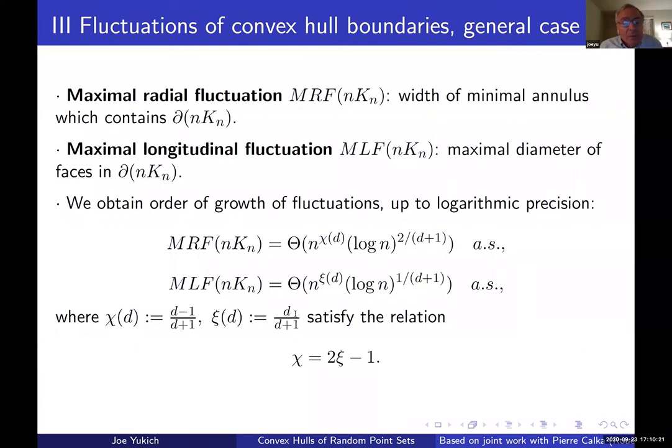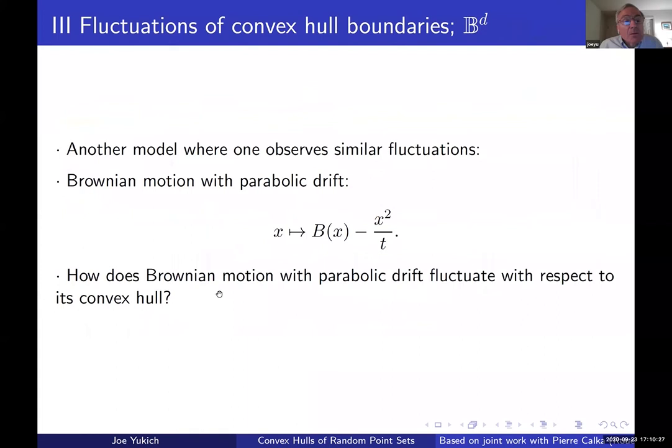But first, let me go to another model, which maybe some of you have seen before. Here is another model where one observes similar fluctuations. Let's consider Brownian motion with parabolic drift. So the drift term is x squared over t. T here is not supposed to be time, it's just some fixed parameter.